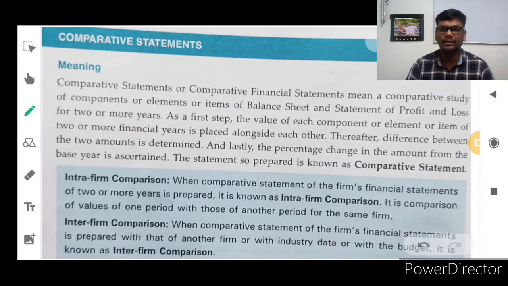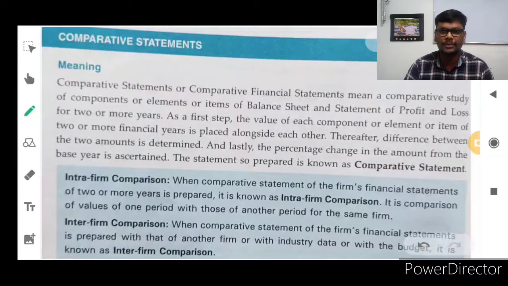Finally, to compare with the previous year, how many percentage increased or decreased will be ascertained. If you are doing inter-firm comparison, how many percentage firm B increased or decreased compared with firm A will be ascertained. The statement so prepared is known as a comparative statement.